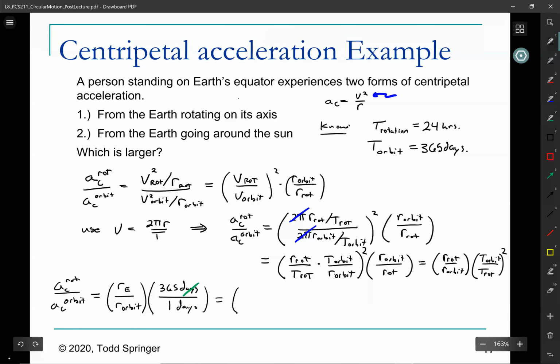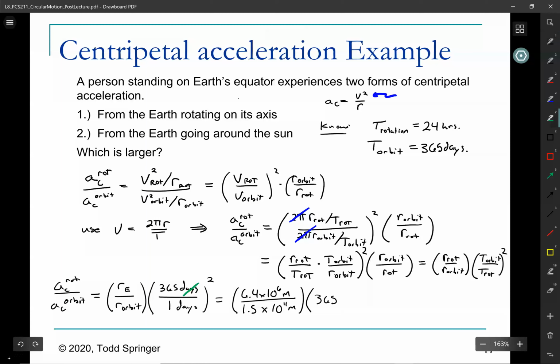You've got to look up these numbers. The radius of the Earth is 6.4 times 10 to the 6 meters. And the Earth-Sun distance, you've got to look that up. It's much bigger, 1.5 times 10 to the 11 meters. Sorry, I forgot a square here, times 365 squared.